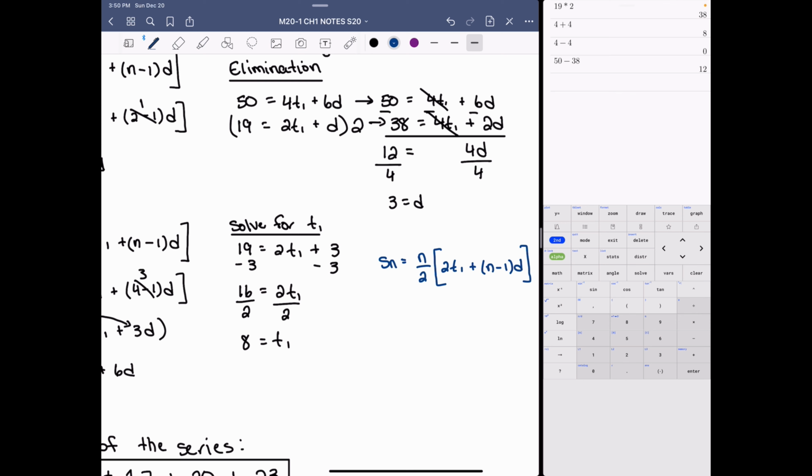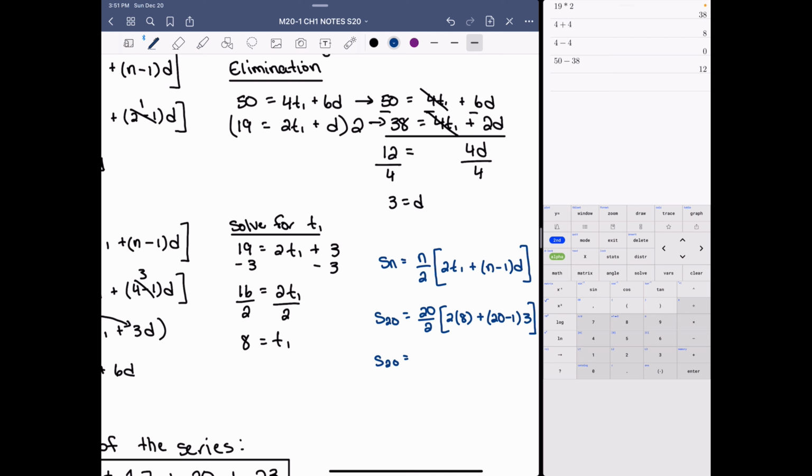We're calculating S20, so n is 20, 20 divided by 2, times 2 times t1, we calculated t1 to be 8, so 2 times 8 plus n, which is 20 minus 1 times d, which we calculated to be 3.